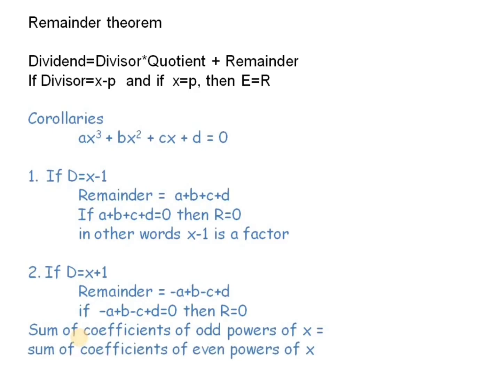So whenever you see a cubic equation and observe that the sum of coefficients of odd powers of x is equal to the sum of coefficients of even powers of x, then it automatically indicates that x plus 1 is a factor of it.